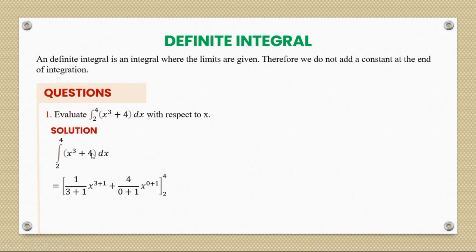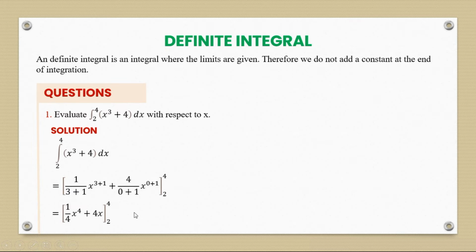Plus, here we assume there was an x to the power 0, which is obviously 1, then we add 1 to its power, so x to the power 0 plus 1 over 0 plus 1. Now we put everything in brackets like that, with the limits outside. When we solve this and simplify, we end up with a quarter x to the power 4 plus 4x.